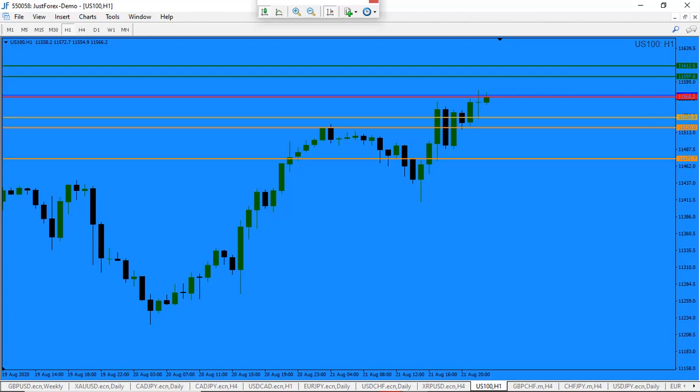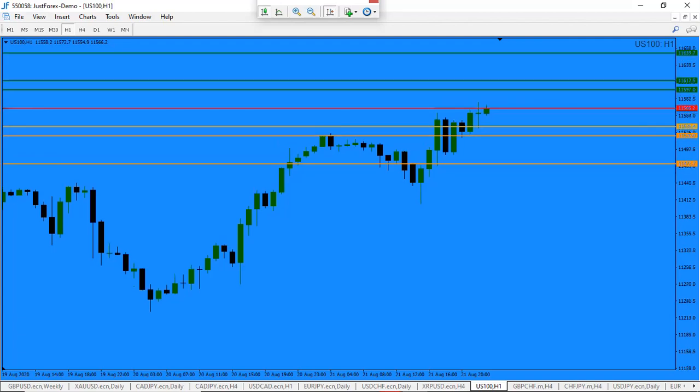Then this level is just gonna be your bonus point at 11,659.7. So what do you have to expect exactly? You must also expect reversals, retracement, when the market reaches these levels.